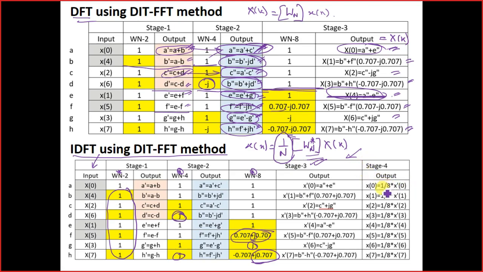So 1 by N would be 1 by 8 into x dash 0. Are you getting my point? So in this way, we do the IDFT using DIT FFT. Okay. So do you have any questions?